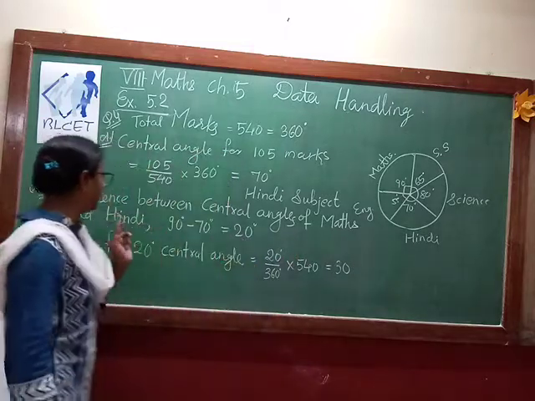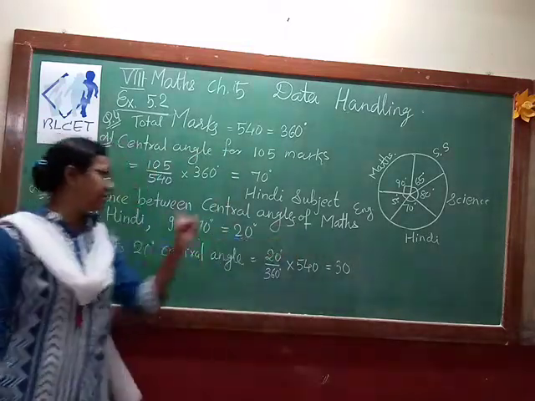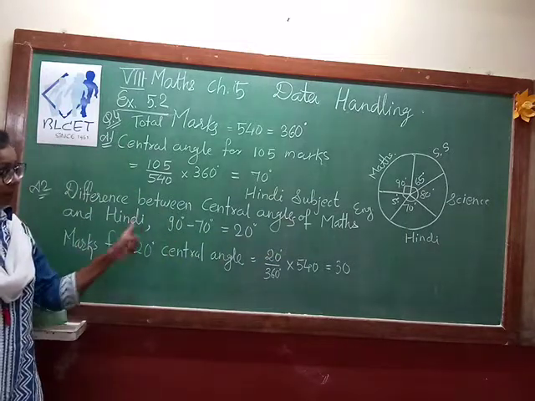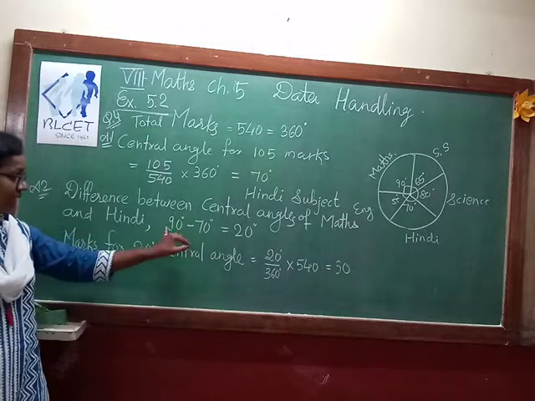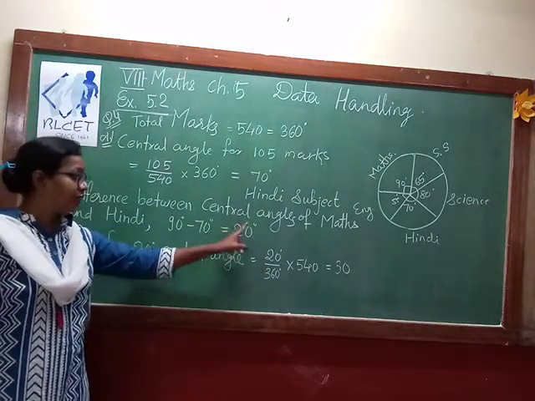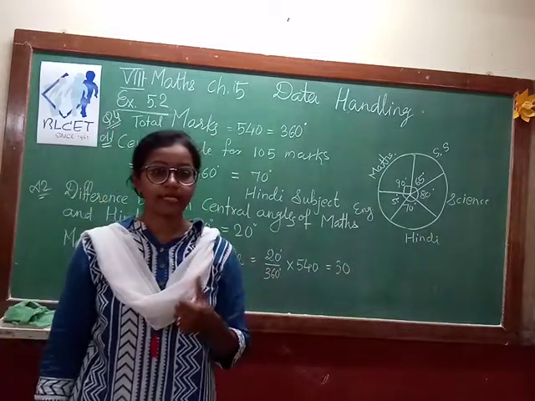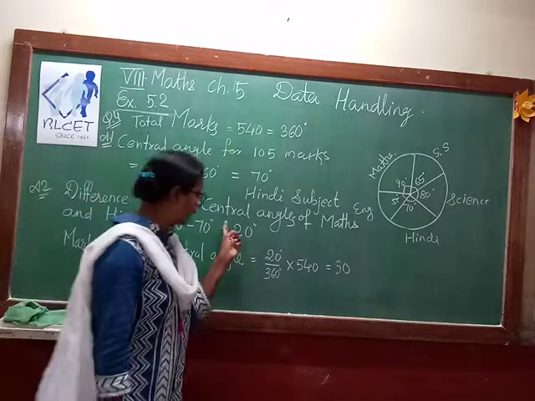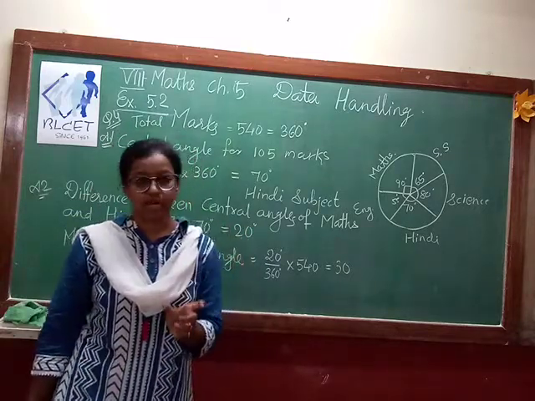Difference between central angles of Maths and Hindi: for Maths it is 90 degree, for Hindi it is 70 degree. So 90 minus 70 is equal to 20 degree. So this is the difference between the marks in terms of degree for Maths and Hindi. So for this 20 degree, we have to find what is the marks.